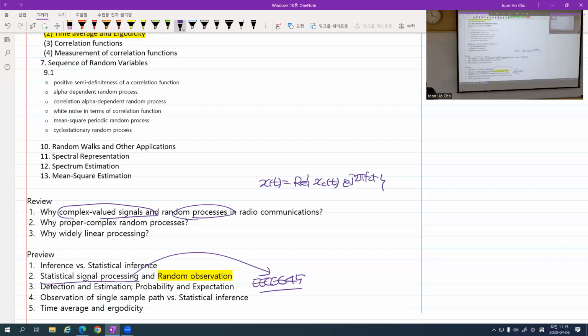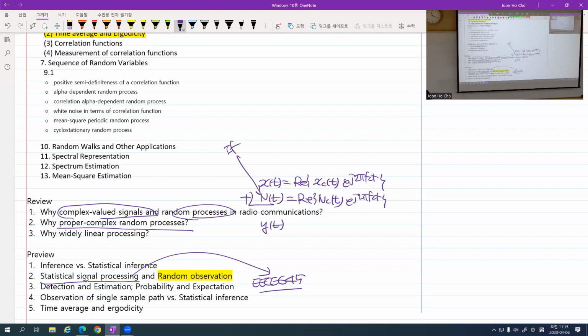Now, why are proper complex random processes sometimes, not always, important? Because you may have some additive noise in your observation, and suppose this N of t is a real bandpass wide-sense stationary Gaussian, or just simply a wide-sense stationary random process.